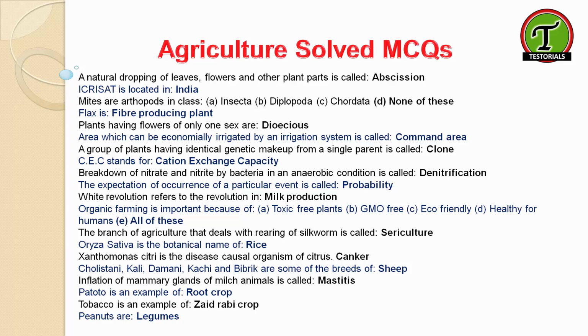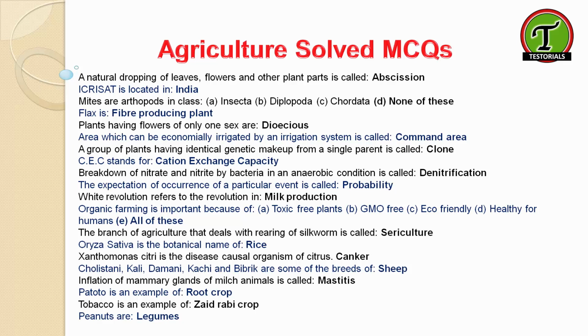Breakdown of nitrate and nitrite by bacteria in anaerobic conditions is called denitrification. 130. The expectation of occurrence of a particular event is called probability. 131. White revolution refers to the revolution in milk production.